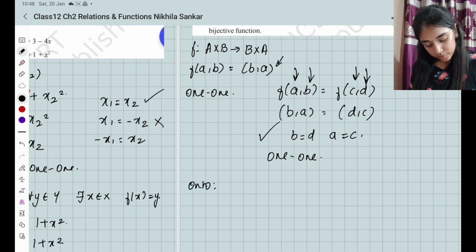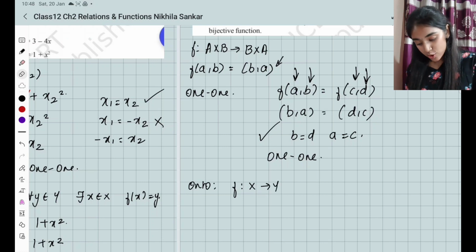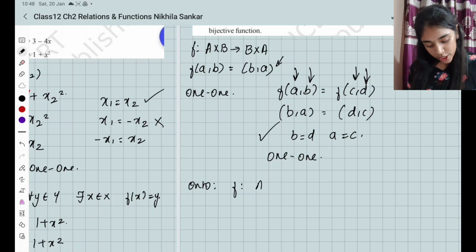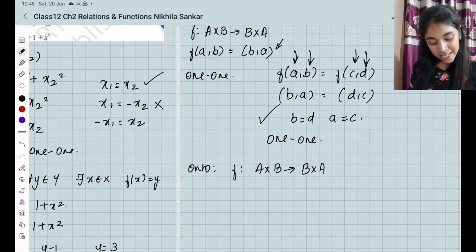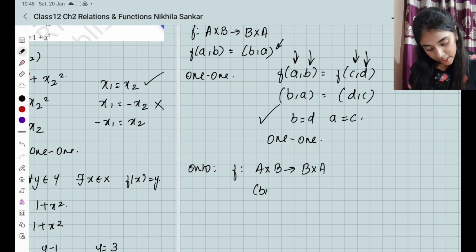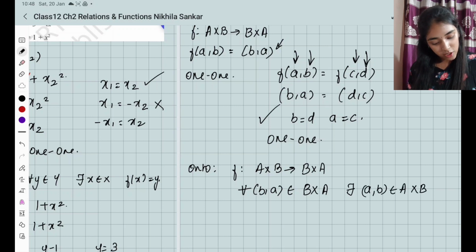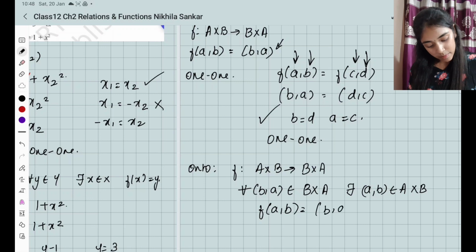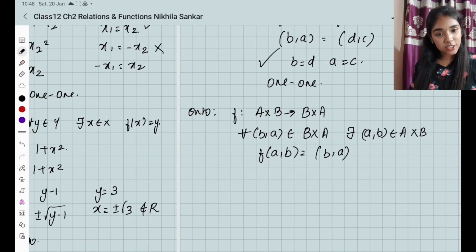Now onto. How is onto going to be? You have a function from X to Y, but here there is no X to Y. We have to look at what is given and write accordingly. You have A cross B to B cross A. This is our mapping. For every (B, A) belonging to B cross A, there exists (A, B) belonging to A cross B. Just as we write with x and y there, we have to write the same way. You have f of (A, B) equals (B, A). That's all, it is done. This is the proof.